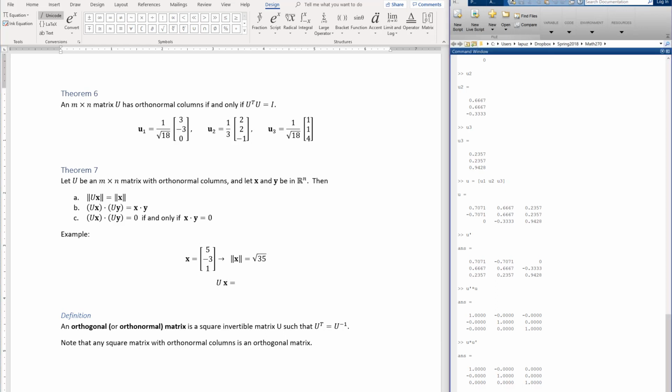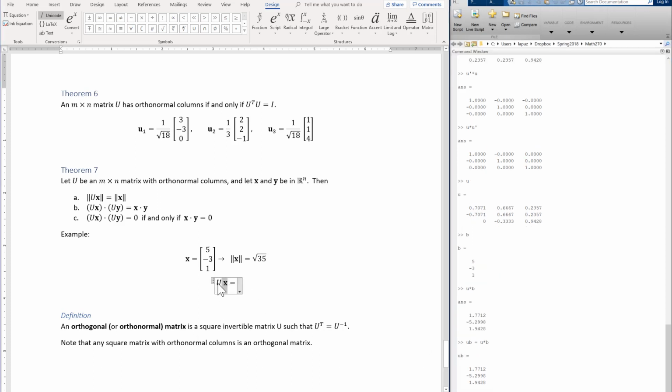So I have my U matrix, and I think this was called my B matrix way back when. So U times B is going to be a column vector that looks like this. Let's just call it UB. So this is our UB matrix, which is basically U times x.